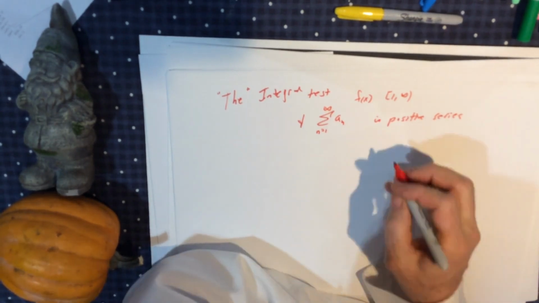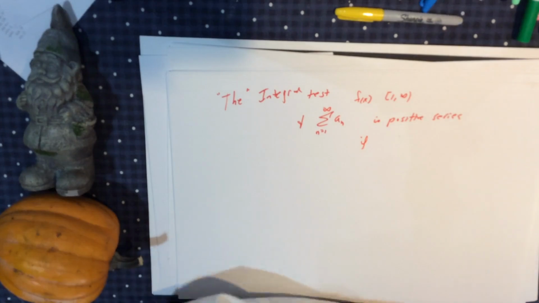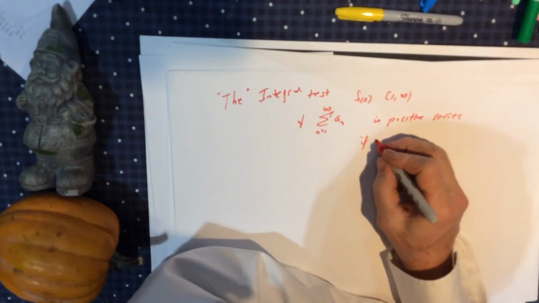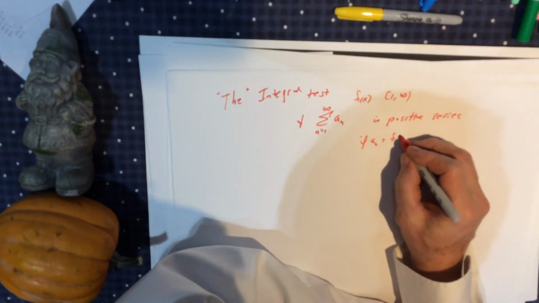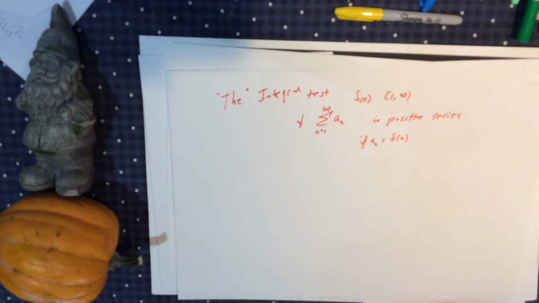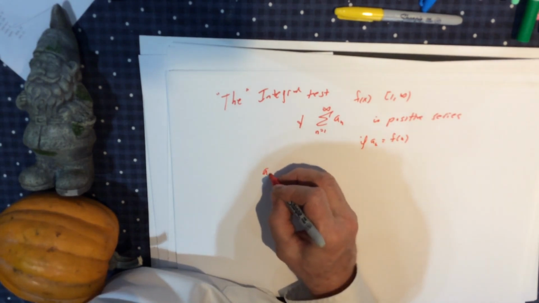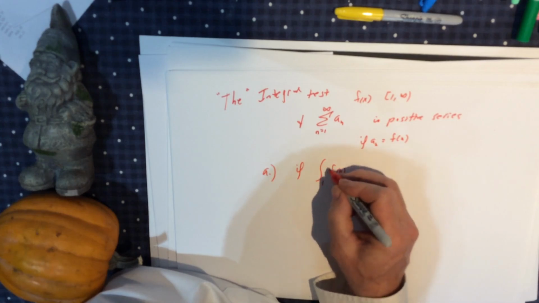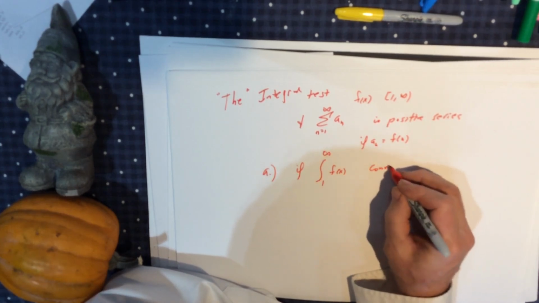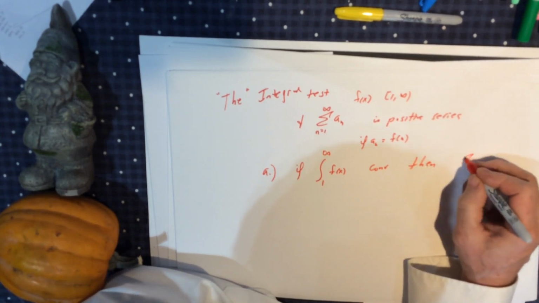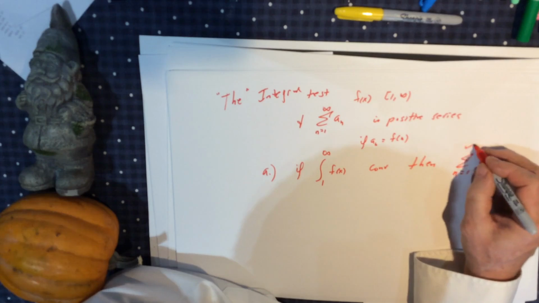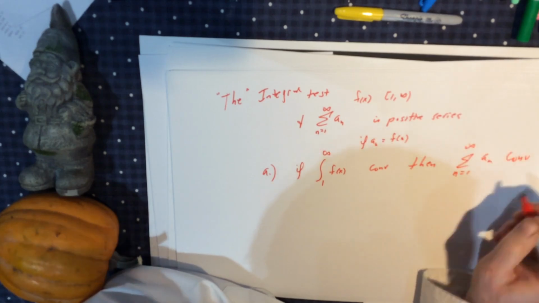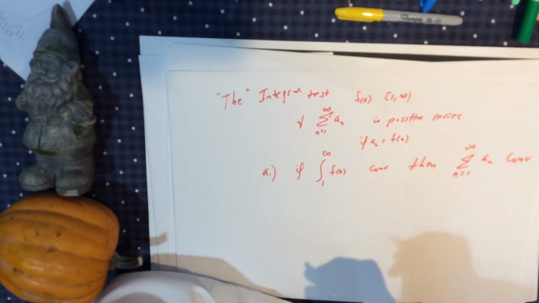Now, if a sub n is really f of n evaluated, then we have a very interesting theorem. The theorem says, part A, if the integral of f of x from 1 to infinity converges, then the series converges.